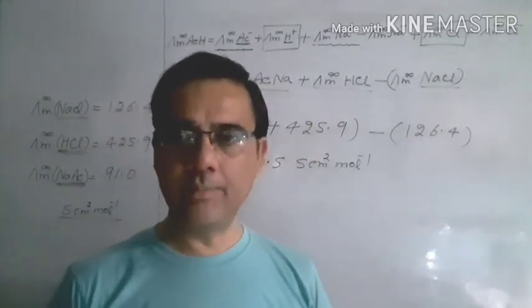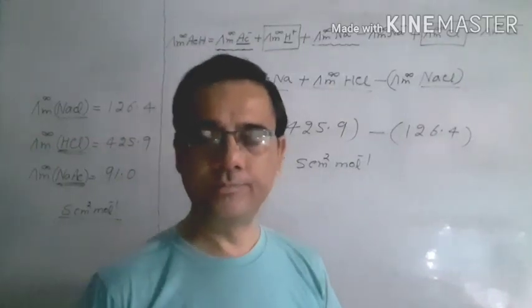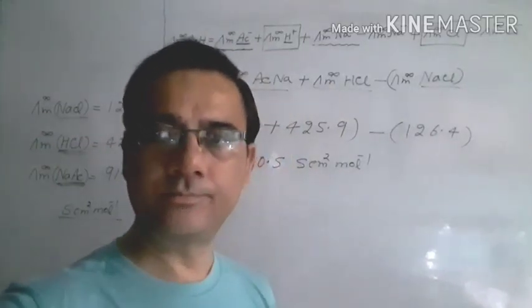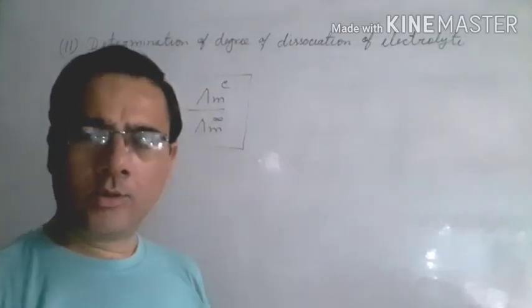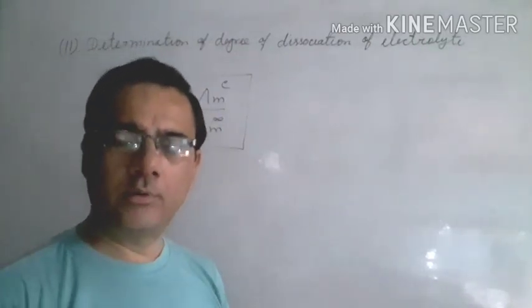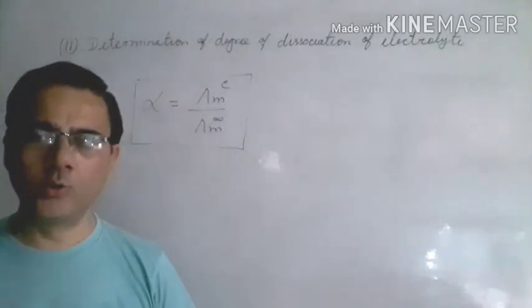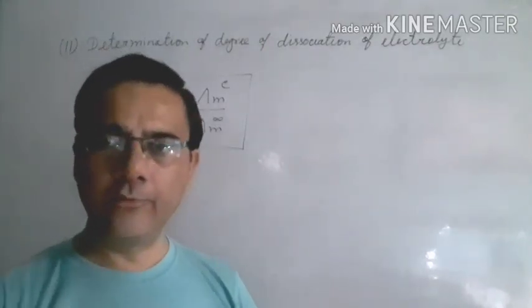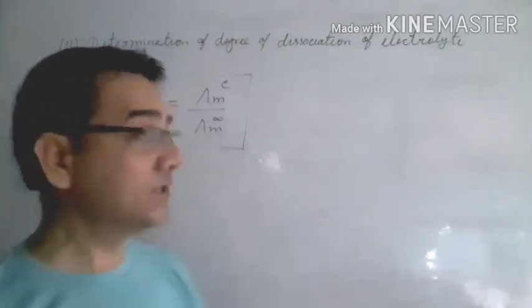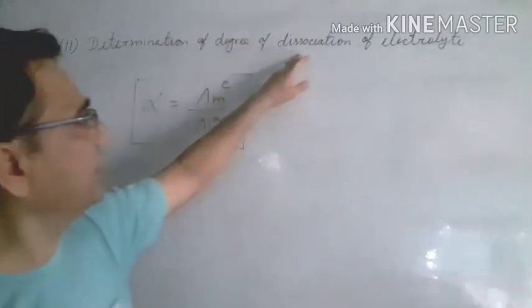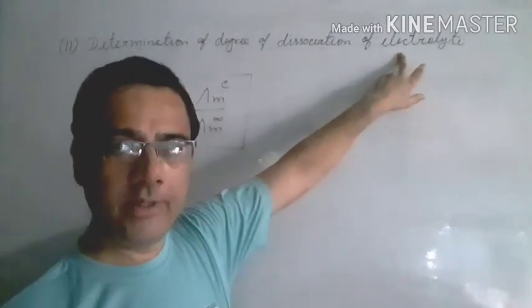So this is the first application of Kohlrausch law. Now the second application. So the first application of Kohlrausch law is to calculate the limiting molar conductivity of weak electrolyte, and the second application is determination of the degree of dissociation of electrolyte.